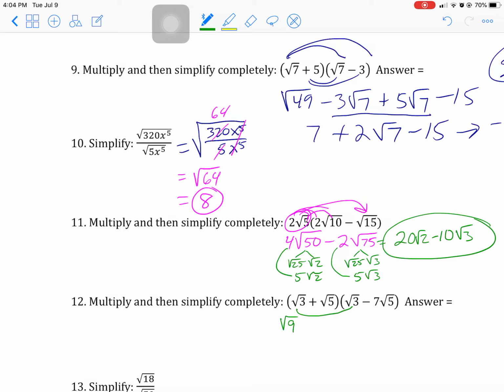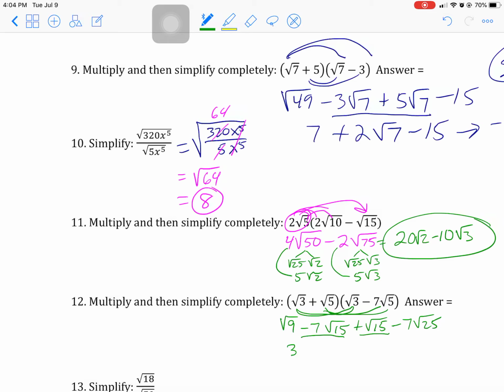This one is 7 15. This one is positive 15. Be careful, that doesn't have another 7 in it, so it's being tricky. This one here is negative 7 and 25. So let's see. These are still like terms, though, here and here. So square root of 9 is 3.